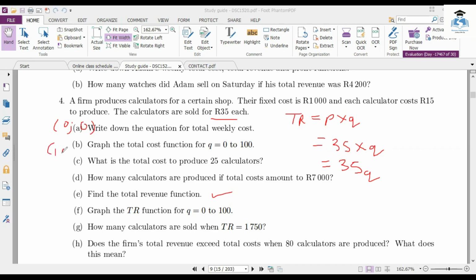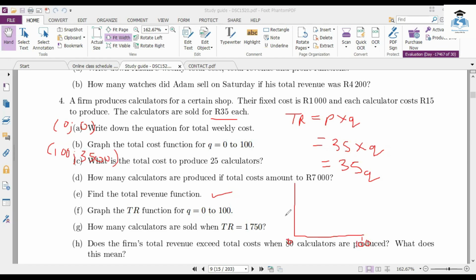Then when Q is 100, what will this one be? 3,500. All right, so we have got 2 coordinates already: 0 here, and 100 here.